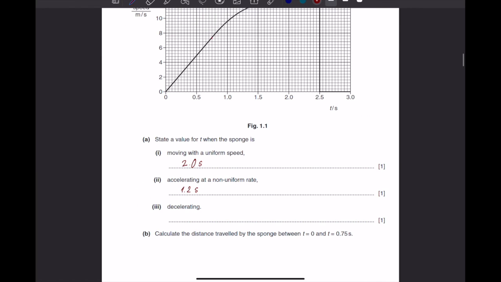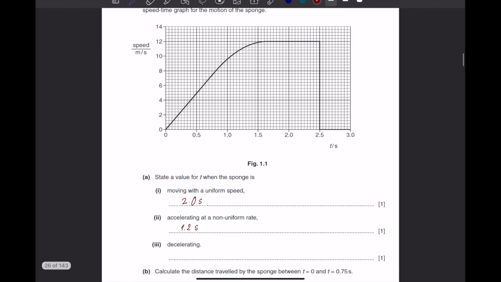I also have to tell the time when it is decelerating. Decelerating is when speed is decreasing. There's a very sharp decline in speed only at 2.5 seconds, so the only possible option is 2.5 seconds.